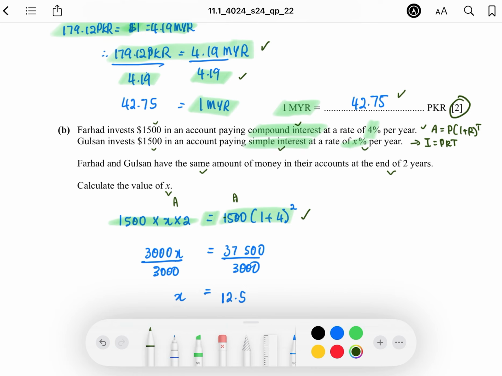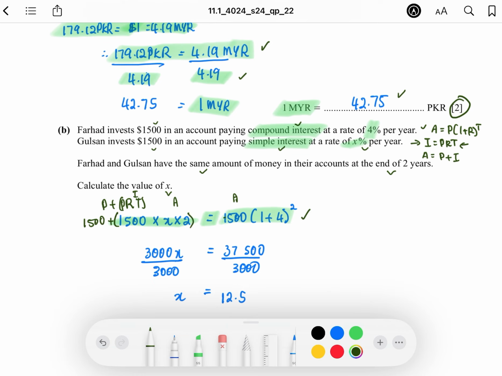However, for Gulsan, the formula that this person used is only for interest. That means to find the amount, it would be the principal plus interest. That means what should be done here should be the principal plus the interest.